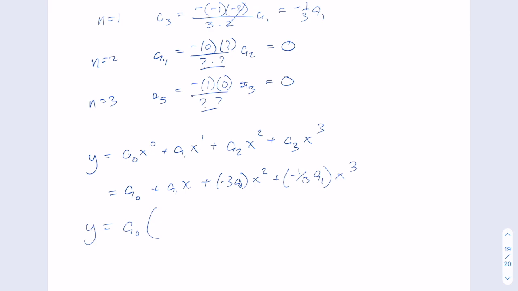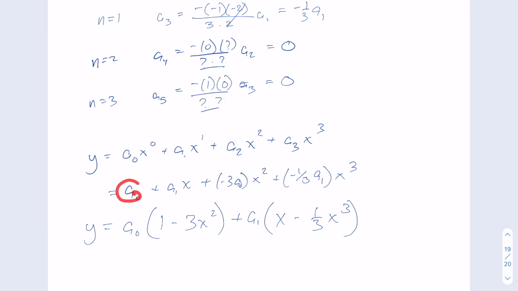And so y is going to be A0, right? That's going to be my first parameter. 1 minus 3x squared plus A1 times x minus 1/3 x cubed.